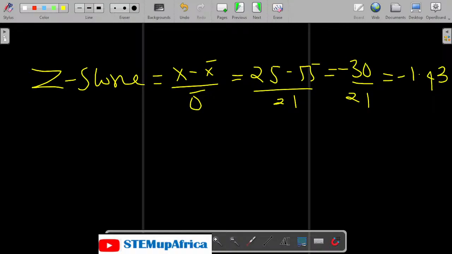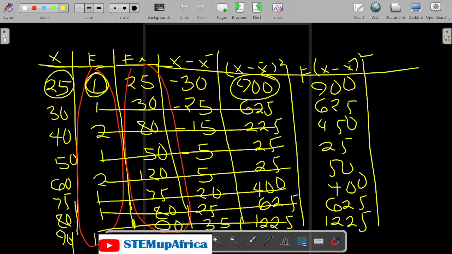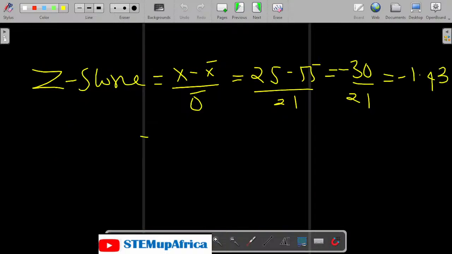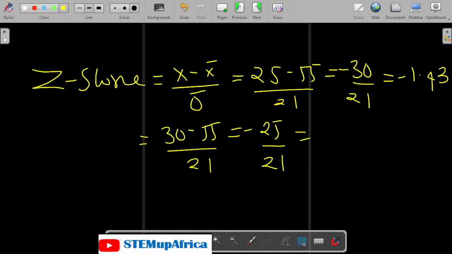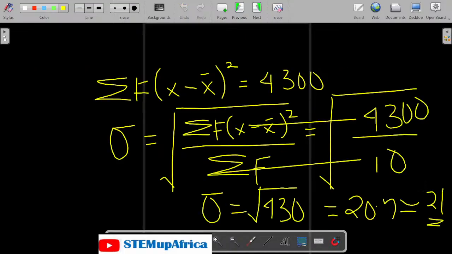You do for the next one. What is the next value? The next value is 30. So I'm going to have 30 minus 55 divided by 21, which is minus 25 divided by 21. So 25 divided by 21, that will give us minus 1.11.